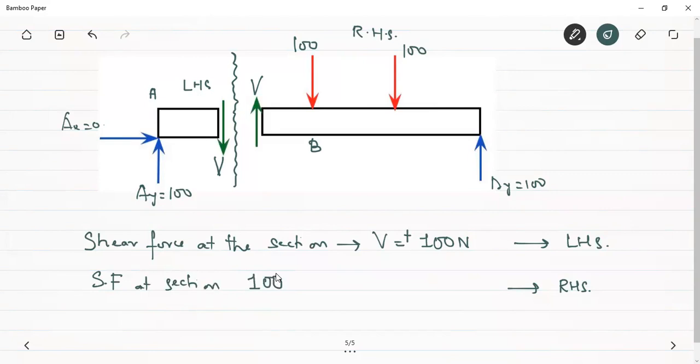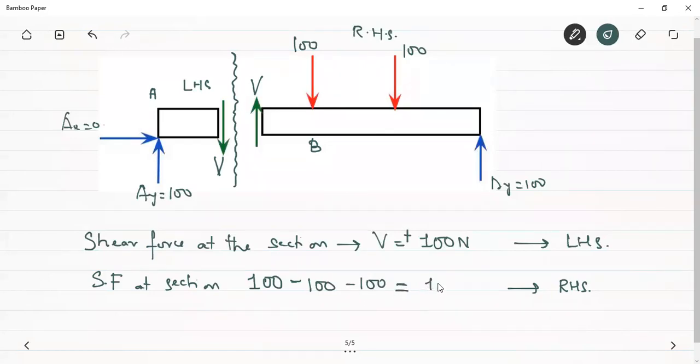Dy is what? 100. Okay, this is 100. It's upwards. What will I have? A minus 100 downwards. What will I have? A minus 100 downwards again. This means what?